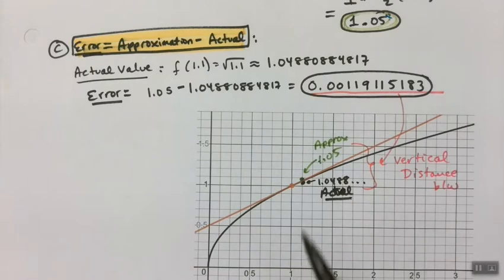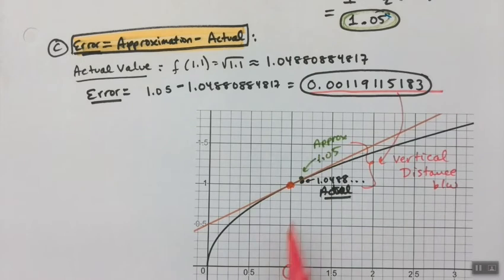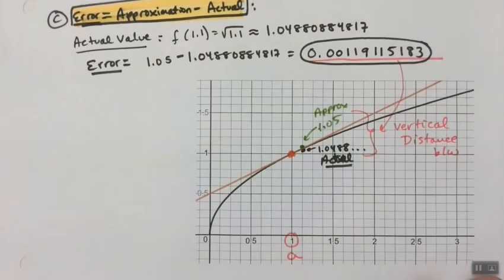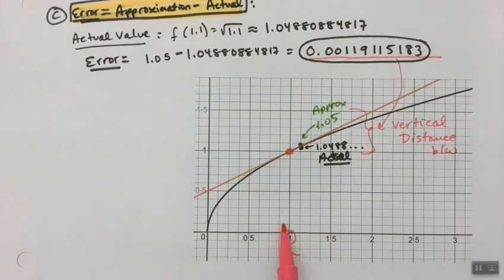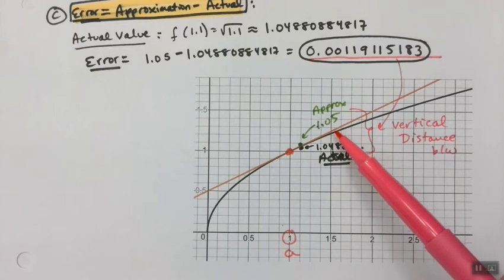Now, how would this change if I moved out, if I moved farther away from where my value is? Because keep in mind, everything's built off of 1, right? There's A right there. So I'm building my equation from that as my tangent line from x equals 1. So the farther I get away from 1, the worse my approximation is going to get. You can actually start seeing the gaps over here.